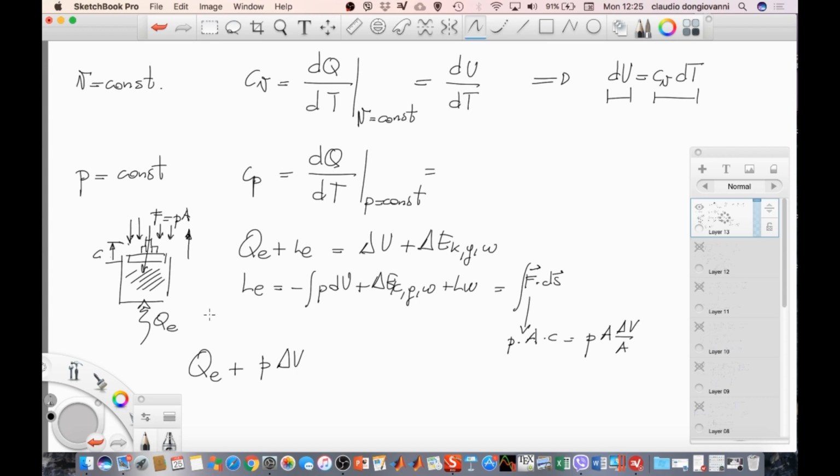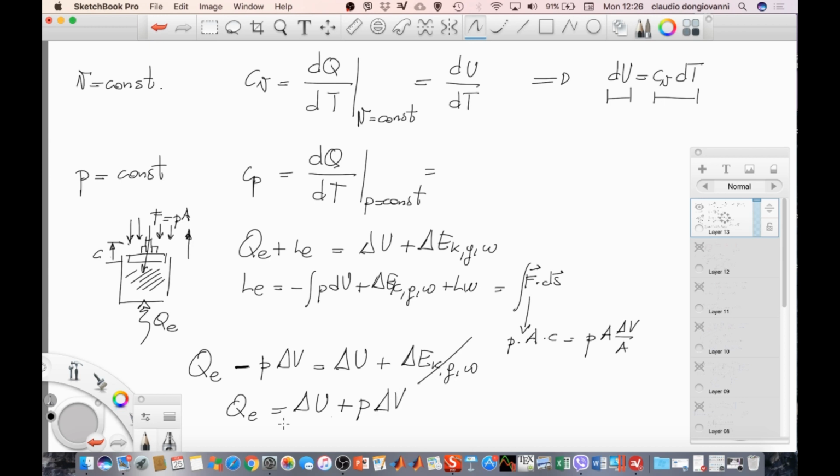It has to be negative, because the force is against the displacement. So here we have to put a minus. Equal to, like before, delta U plus delta EKG omega. This is negligible because we consider the system without movement. QE equal to delta U plus P delta V.